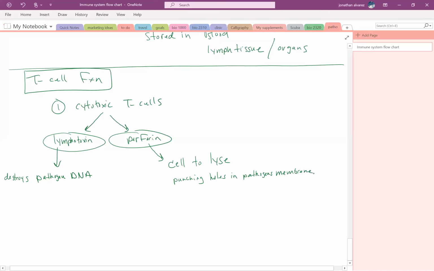Okay, so pretend we're fighting against a knight and he's got all the body armor on that knights used to wear, and you kind of can't penetrate anything because there's armor. And then the perforin comes in and literally starts to eat away at the metal armor, creating holes. Now you can get in and start to destroy.